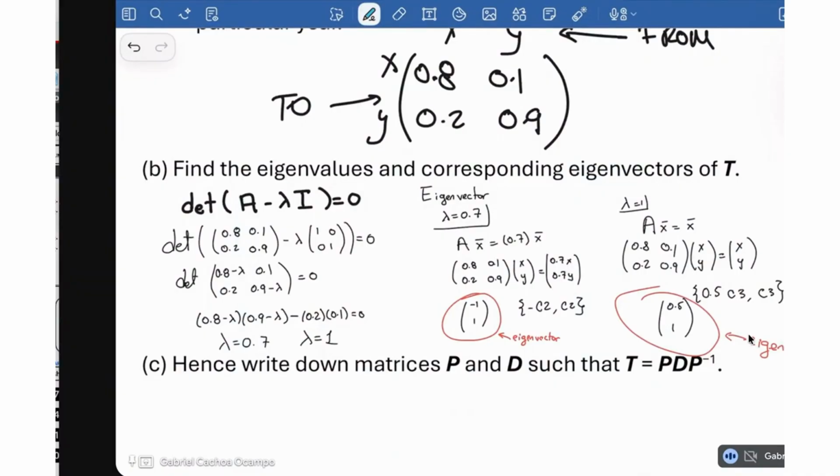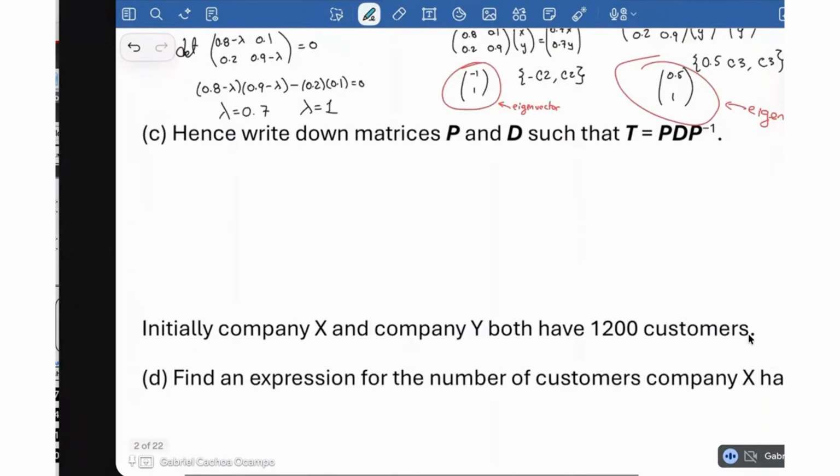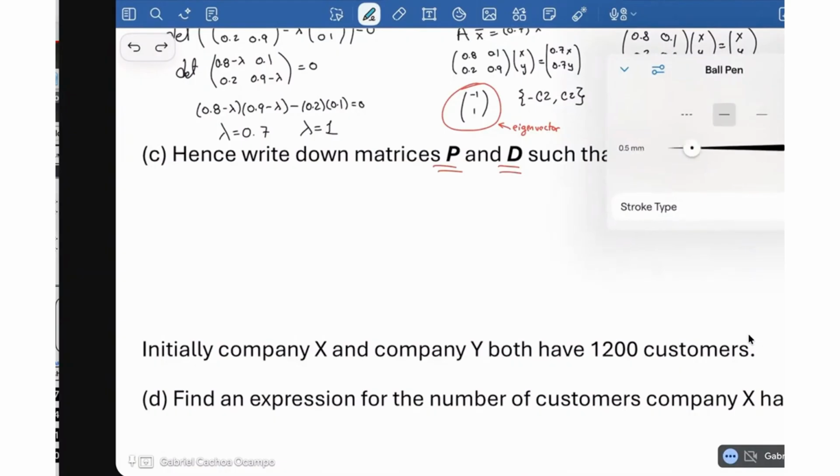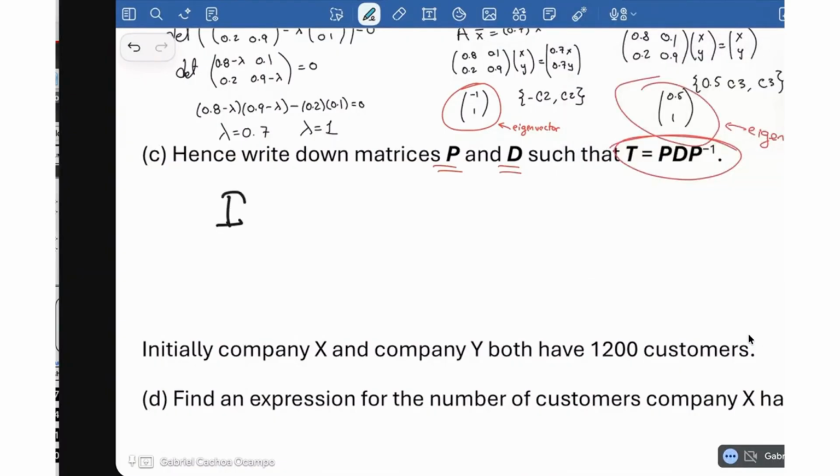Great. Now, they are asking me to find the matrix P and the matrix D such that this happens. And remember, the matrix P is as easy as the matrix that has the eigenvectors. So P is going to be negative 1, 1, 0.5, 1.